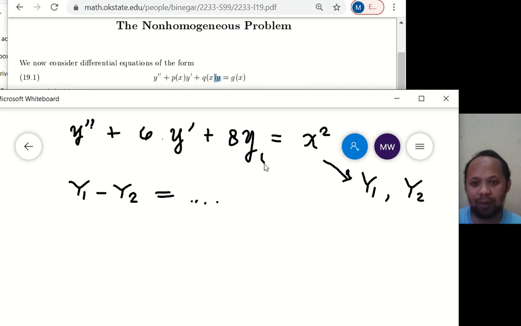So if I have here equals 0, then the solution for this homogeneous equation is actually in here. So y1 minus y2 will be a solution for the corresponding homogeneous equation. Or I can also say that, because this is a solution for the homogeneous equation, I can write this right hand side into something like this.